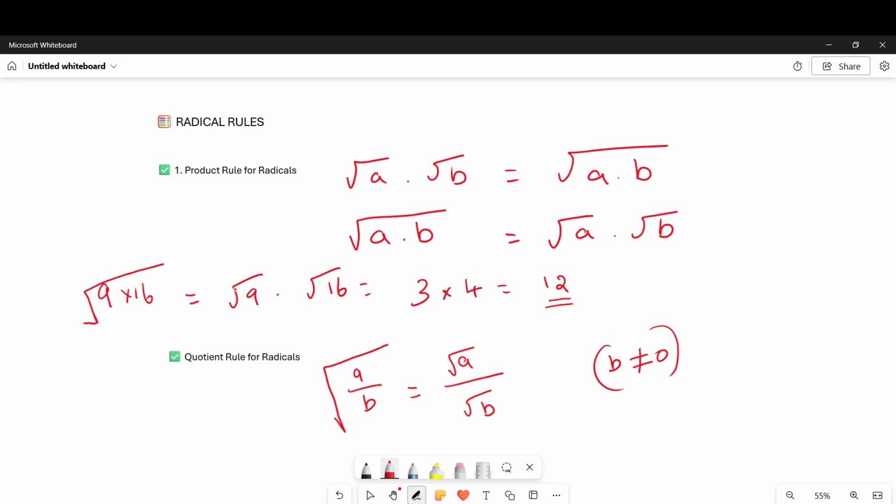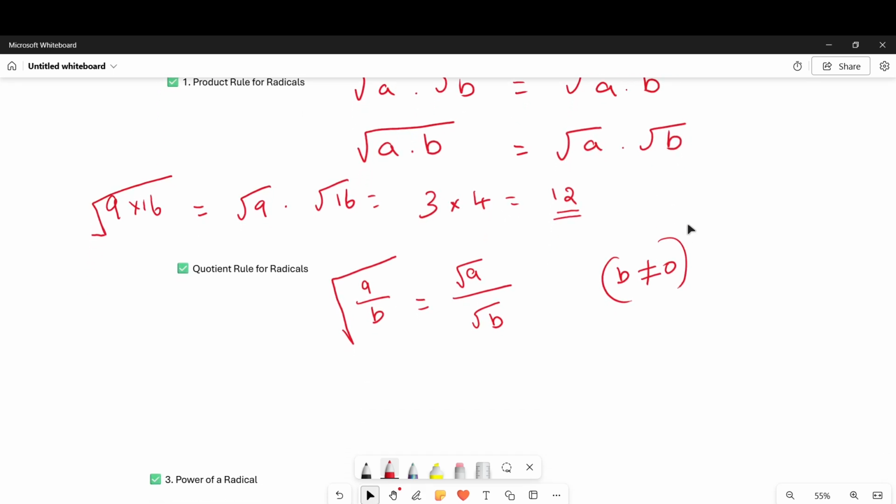So this is the quotient rule and the product rule. Keep in mind, we can open the square root and split it into two if there is a product inside the square root. Same thing if there is a fraction inside the square root: we can split it into two terms, numerator and denominator.